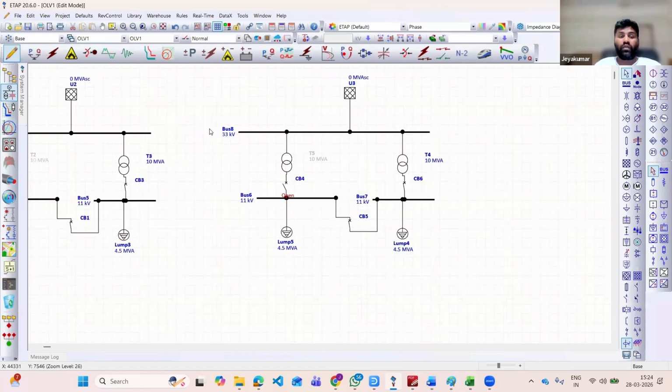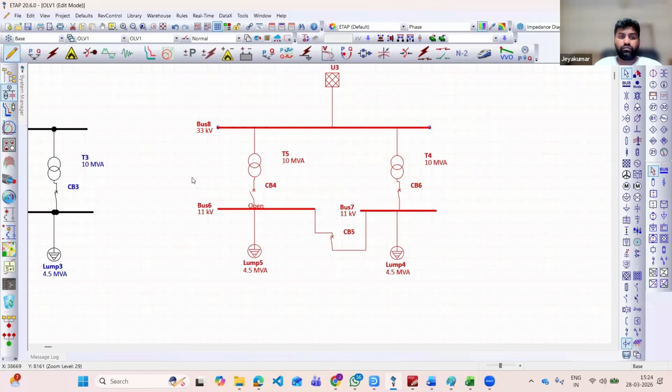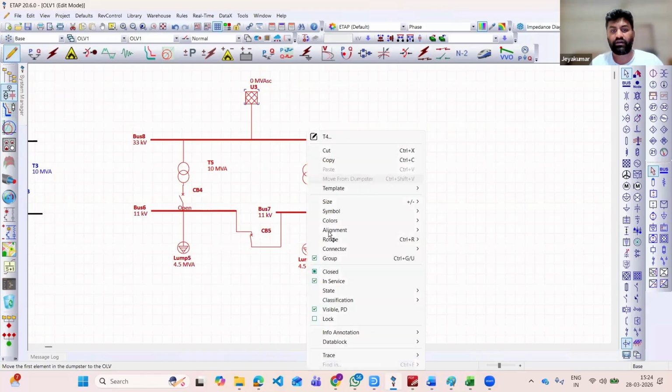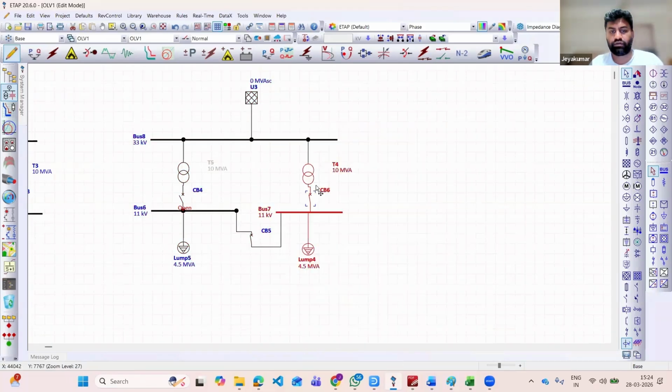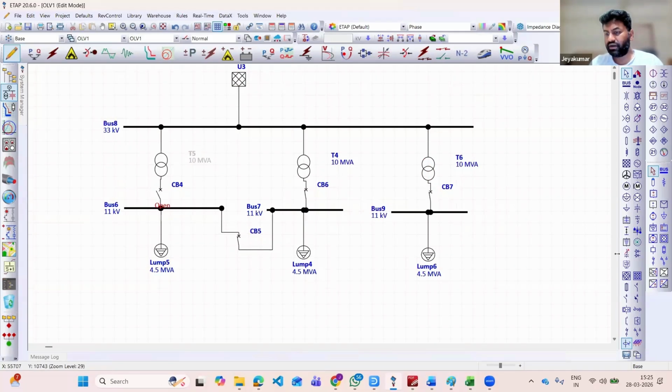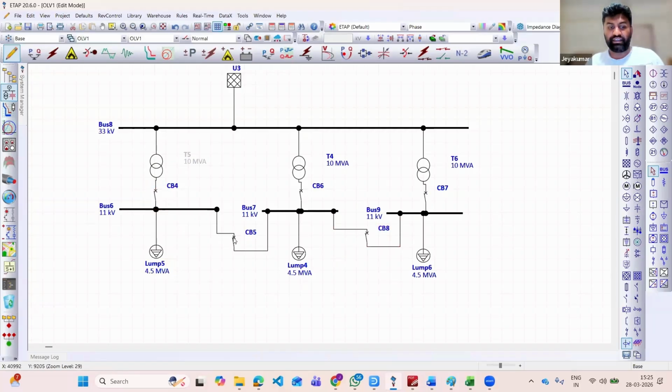You see here. So let's add one more bus here. See, in an ideal condition, we have three transformers, right?